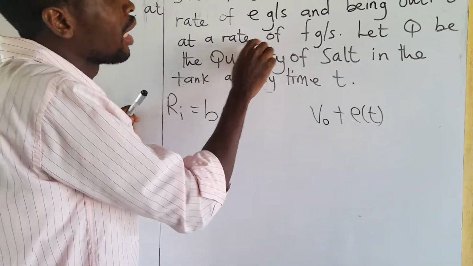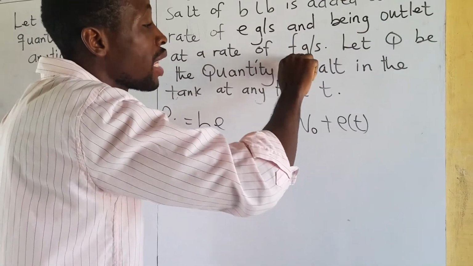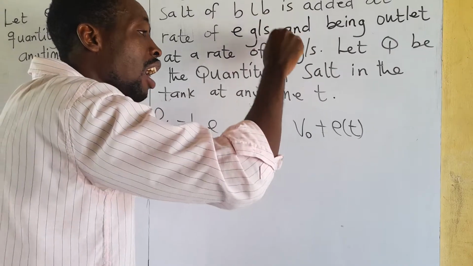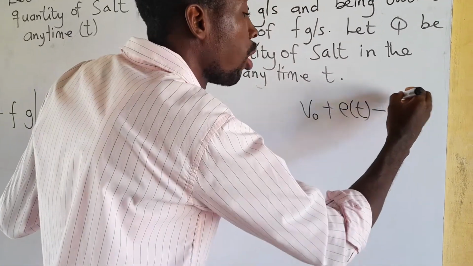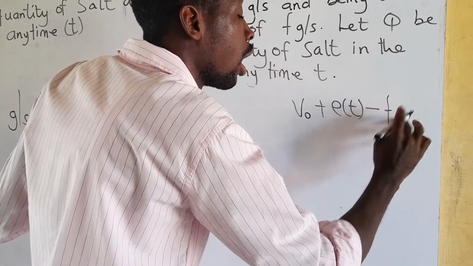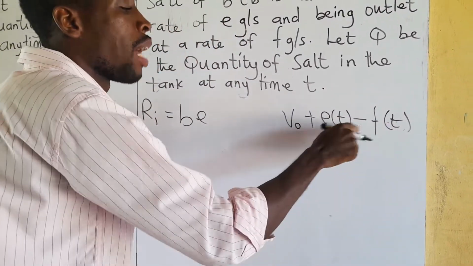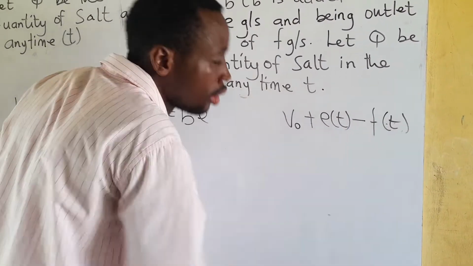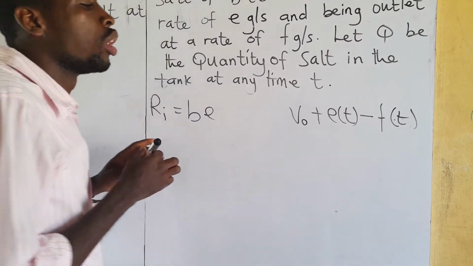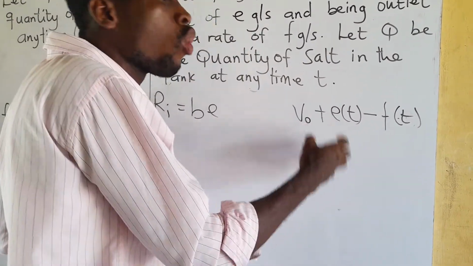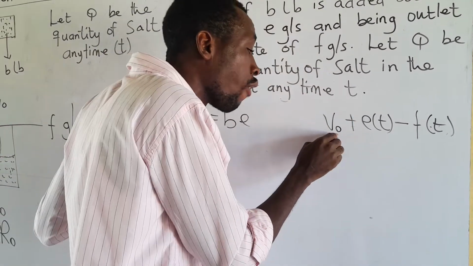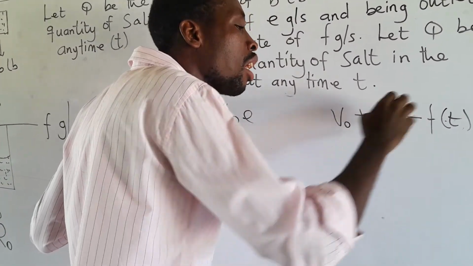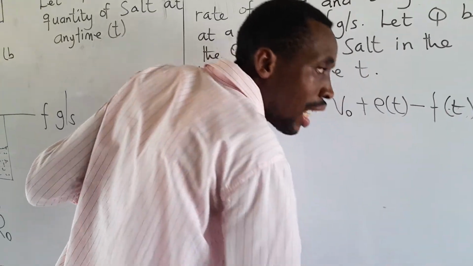Now we have another one being outlet at F gallons per second. Then we subtract F times t. So this will be the volume of solution that will remain in the jar at any time t: the initial volume plus the one that we added minus the one that comes out.